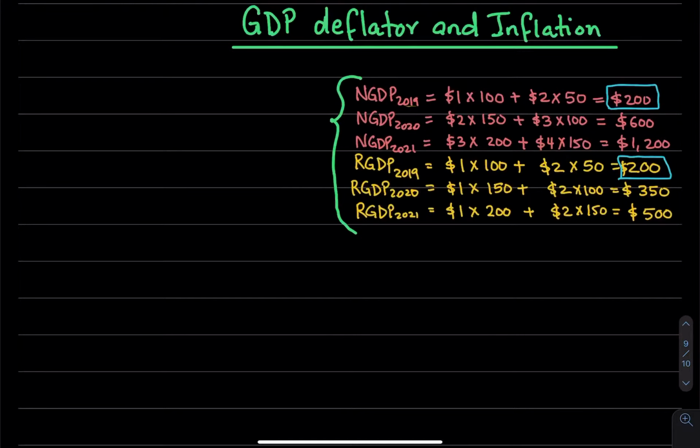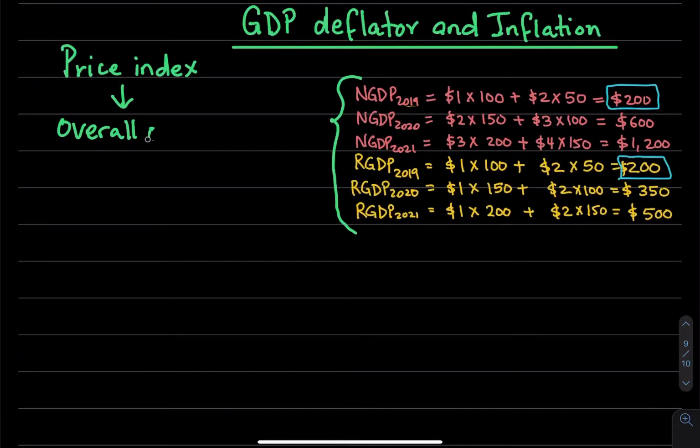So the GDP deflator is just one type of price index that we might come across. It is a price index, and it tells us about what is going on with the overall level of prices.